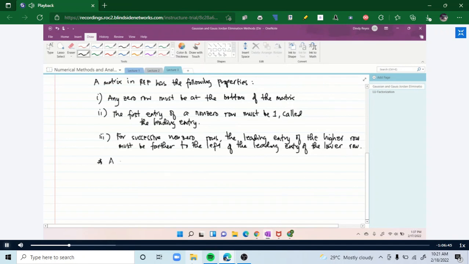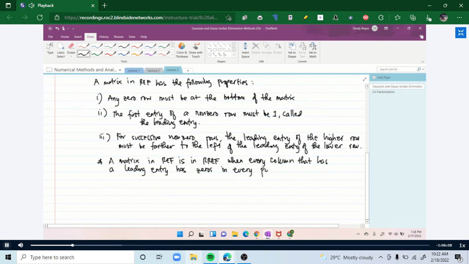So a matrix in REF is in RREF, or reduced row echelon form, when every column that has a leading entry has zeros in every position above and below its leading entry.